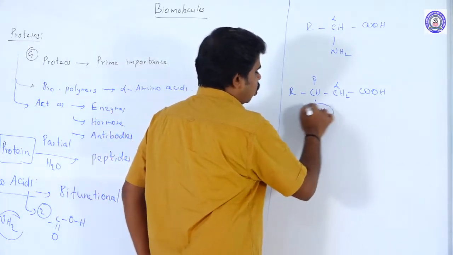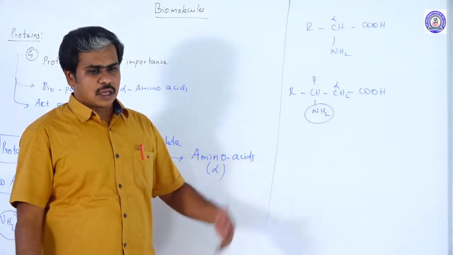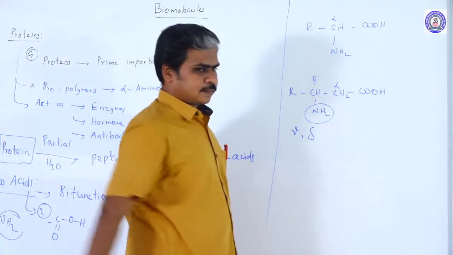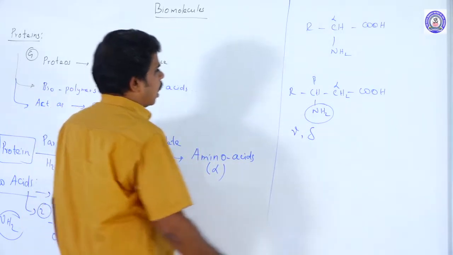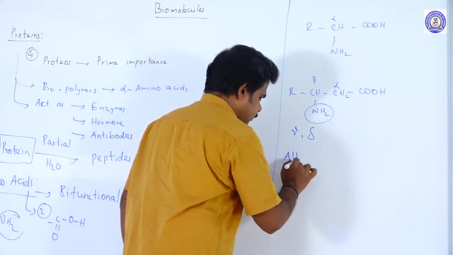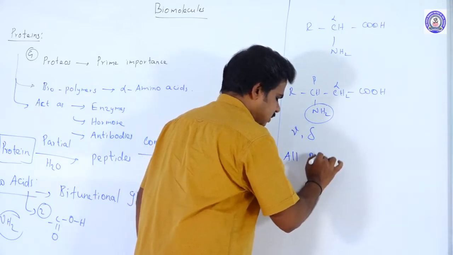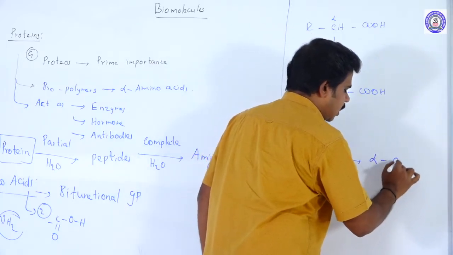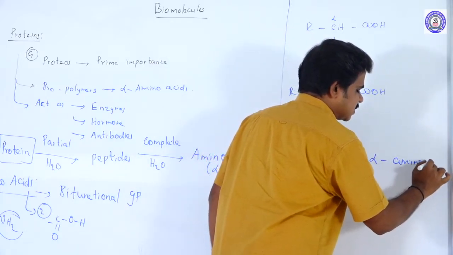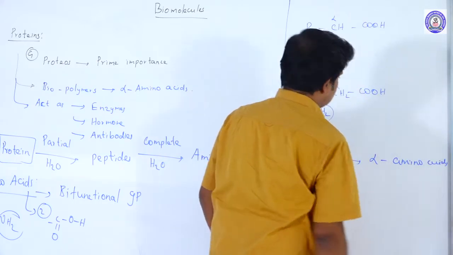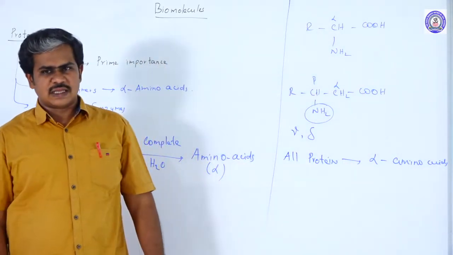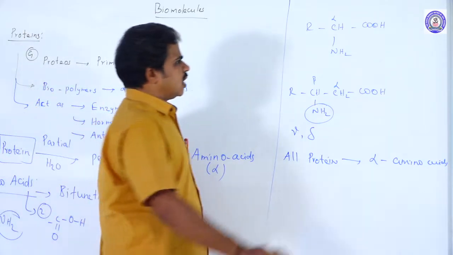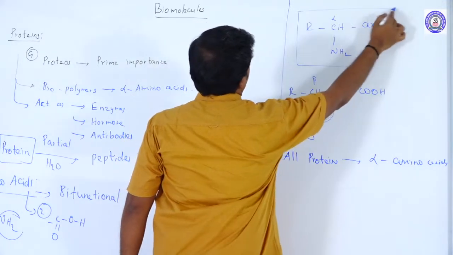So the amino group may be present on the beta carbon, or gamma or delta. But all proteins are made up of alpha amino acids.